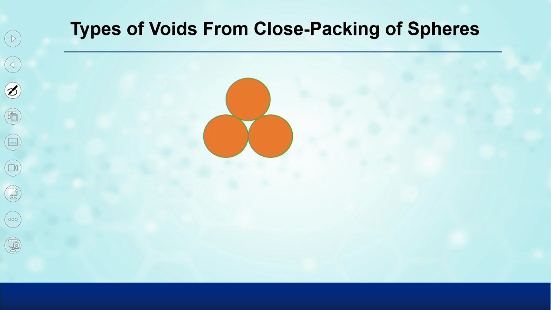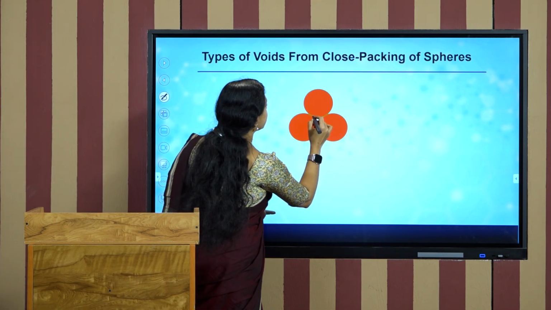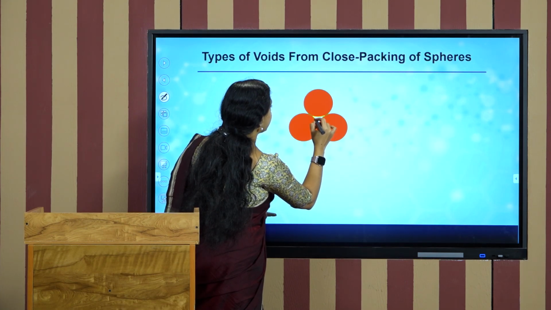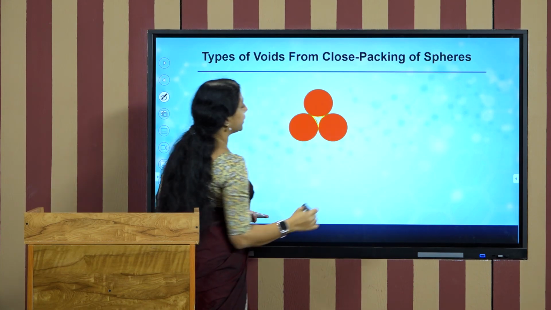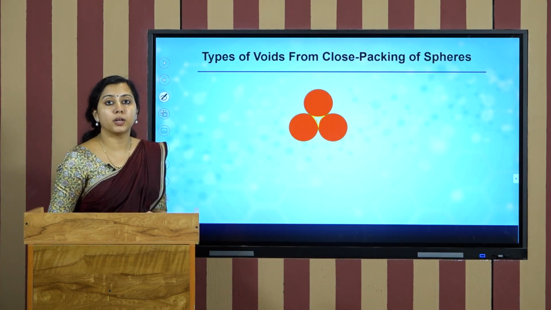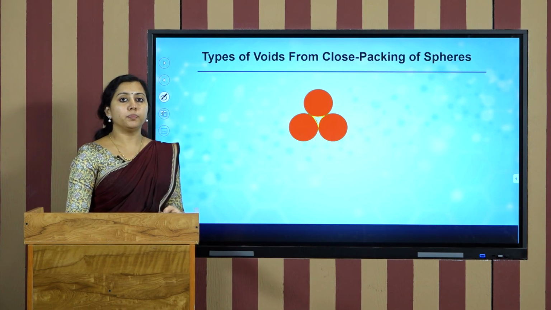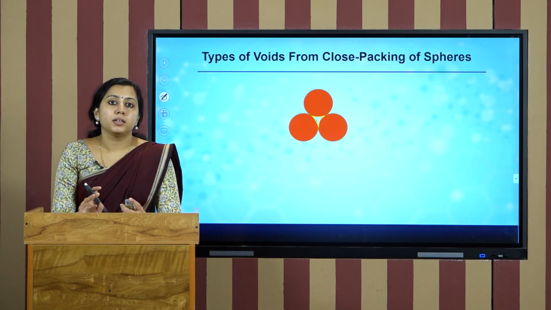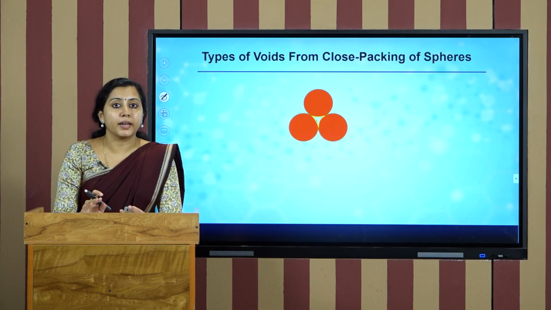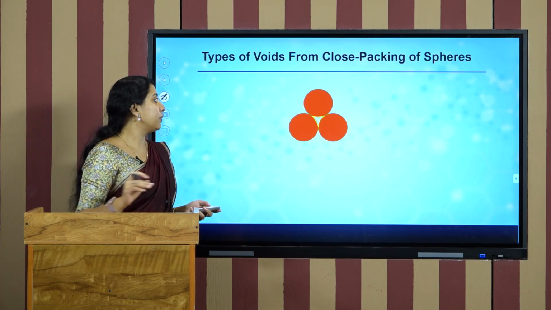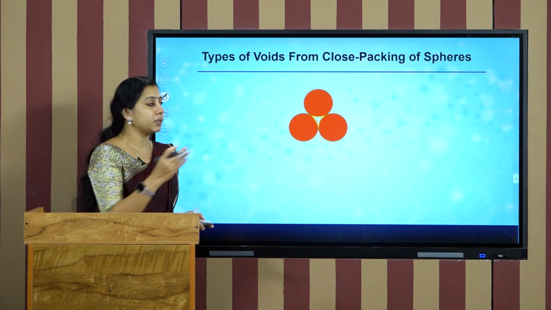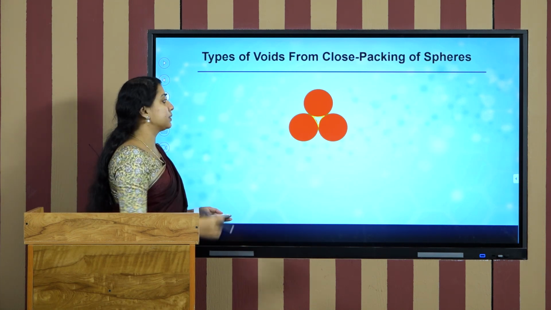Now, we have seen that when 3 spheres are in close contact, there will be an empty space or void between them which is of triangular nature, which we may call a triangular void. Now, we are going to add another layer of 3 spheres above these 3 spheres.